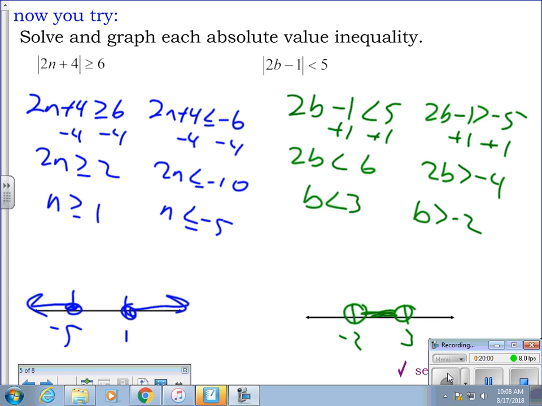Just because it's less than 3 doesn't mean it will work, because I have numbers way over here that are less than 3 that will not work because they're not bigger than negative 2. Same thing the other way around. And has to be true for both of them. Okay. If it's an or, as long as it works for here or works for here, I'm good. Doesn't have to work for both, just one of them. Okay?